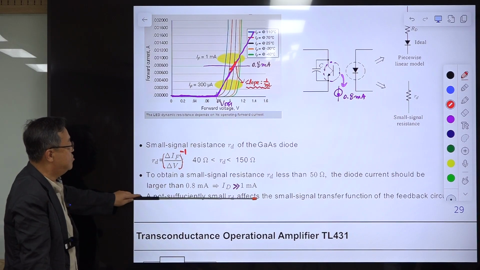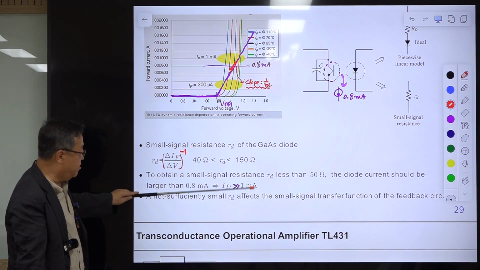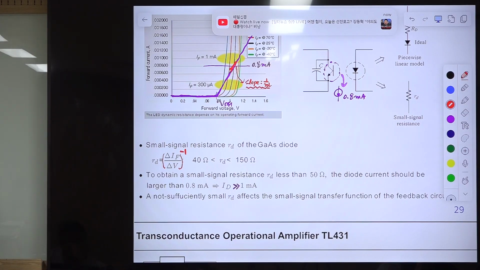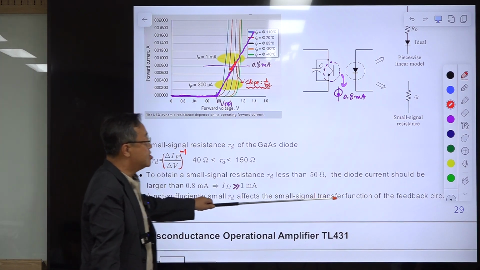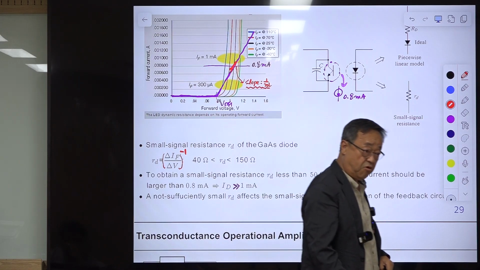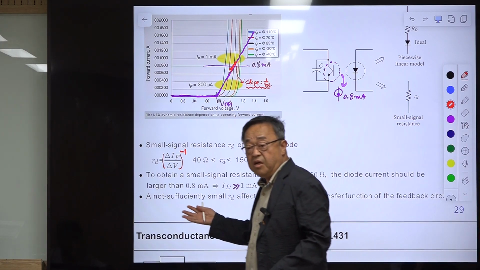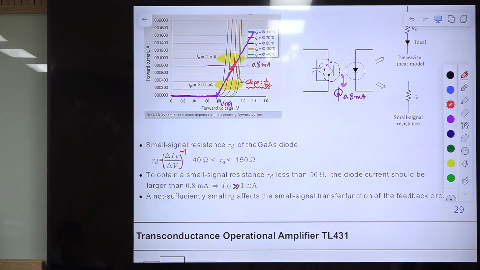The ID should be larger than 1 milliamp, okay? And it should be much larger than 1 milliamp, okay? There is a good reason for this, other than this. I'll explain that later. If ID is not sufficiently large, it affects the small signal transfer function of the feedback circuit, and it also badly influences the operation of the TL431, the operational transconductance amplifier, okay?